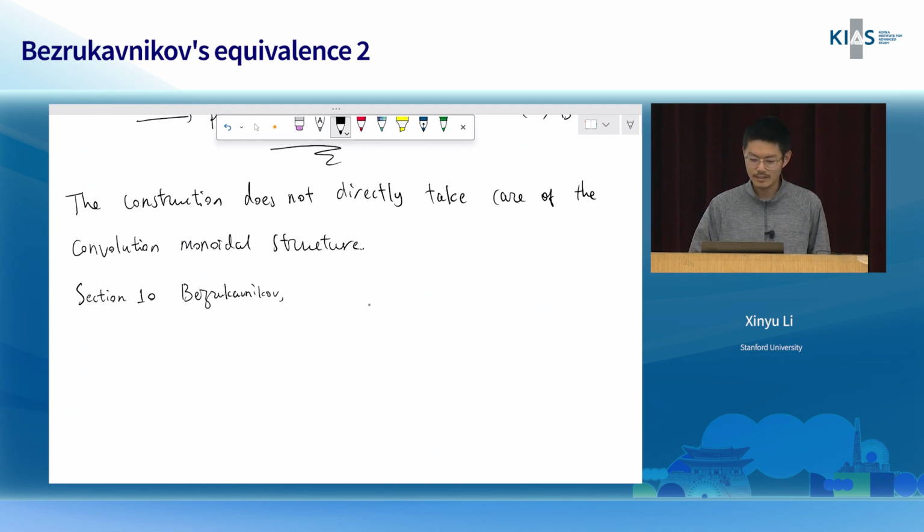And in the Betti setting, this is recently done in a paper of Gabriel Dhillon and Jeremy Taylor. But unfortunately, they are in the Betti setting.